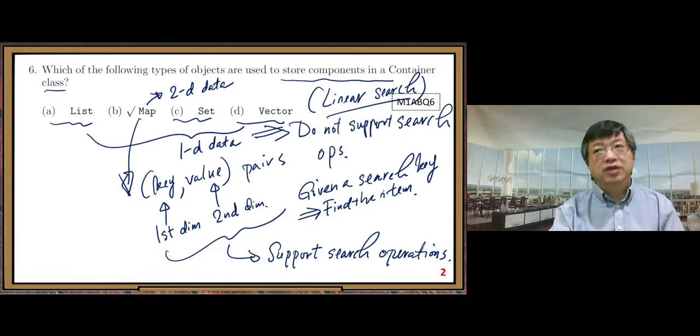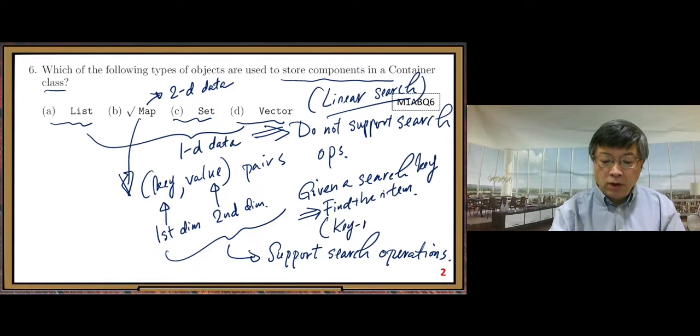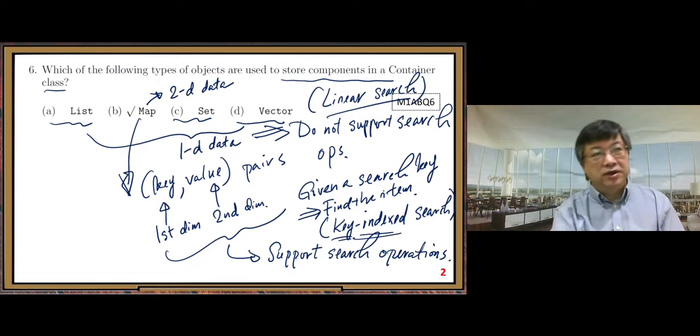So what kind of search do you use? Not binary search, not linear search. It is a special type of search, so we call it key indexed search. We use the key as an index. Typically, an index corresponds to a non-negative integer, right? But here, our search key is a string.